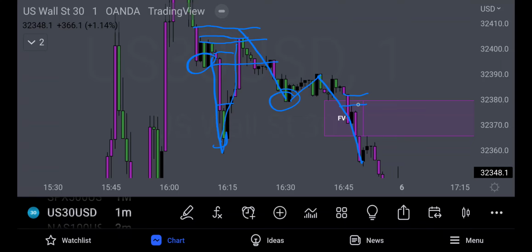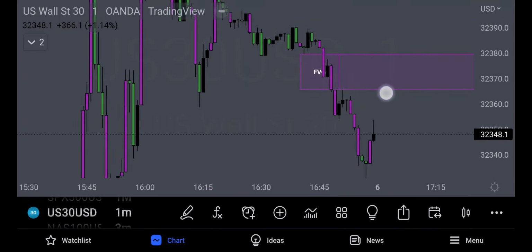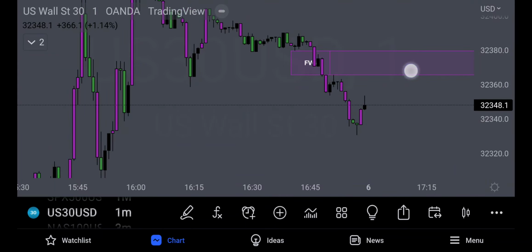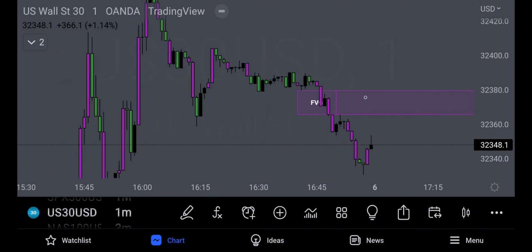Price has yet to come back into here. I am looking for price more than likely to trade outside of this 5-minute FVG and trade into this 1-minute FVG. That broke this intermediate low.